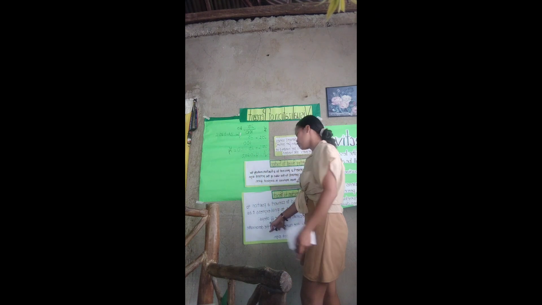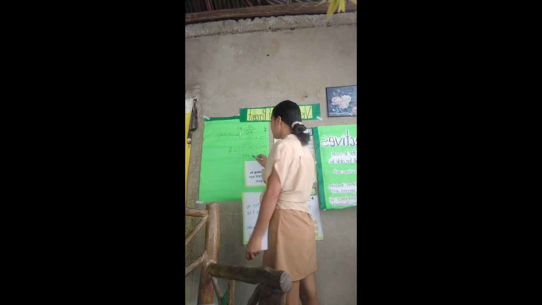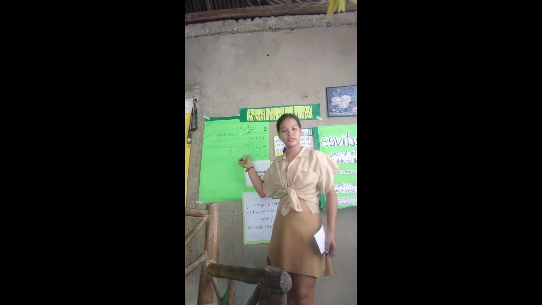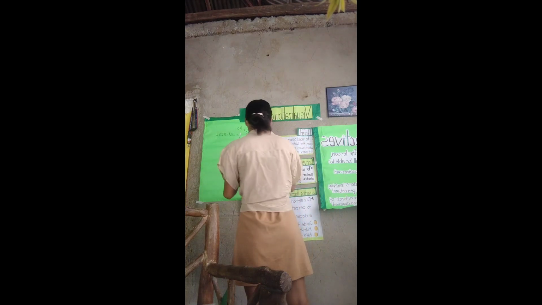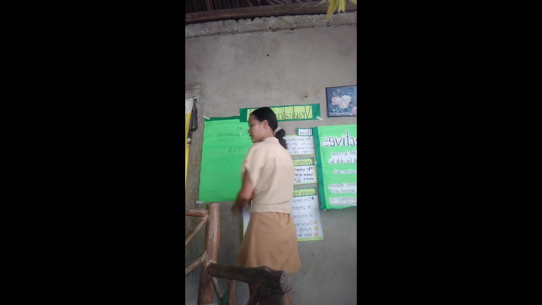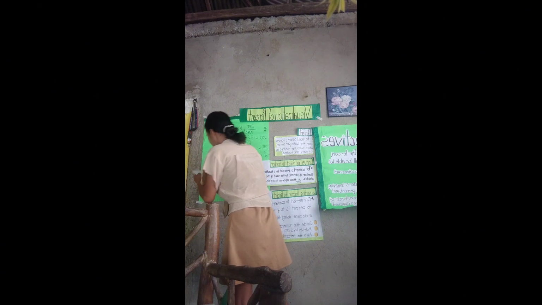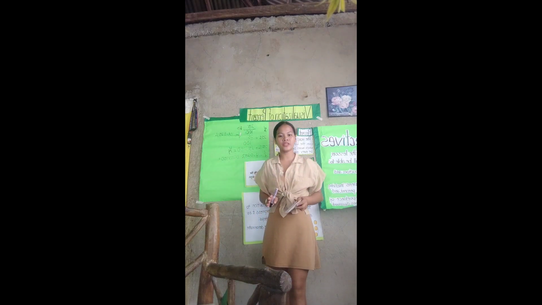We divide the numerator by the denominator. So 1 divided by 4 is equal to 0.25. And then we need to multiply this by 100. 0.25 times 100 is equal to 25%.